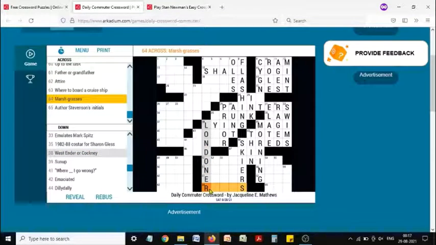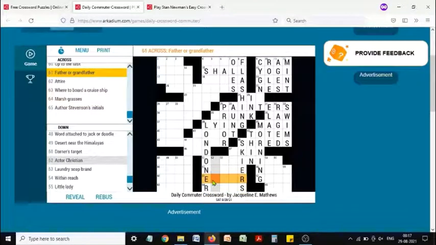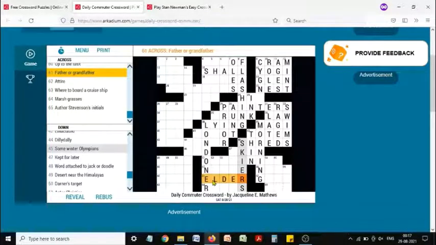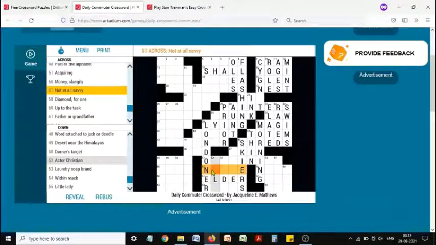64 across. Marsh grasses. No. 61 across. Father or grandfather is an elder. Next. 57 across. Not at all savvy. No. Acquiring.